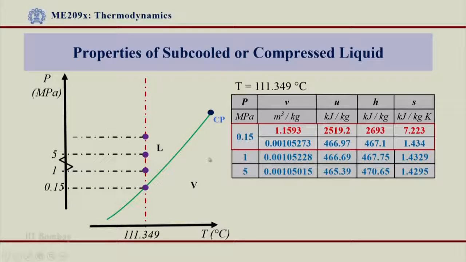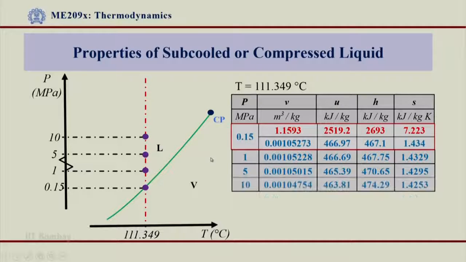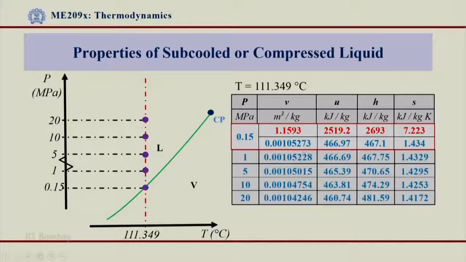If I go on further compressing this liquid to 10 MPa, I got still more changes in properties. I will go to 20 MPa and I got these property changes. So, you can see that at 20 MPa the property changes are happening in the 5th decimal place, alright.